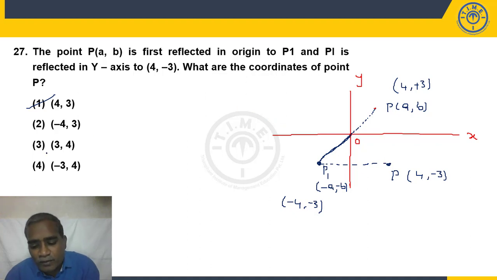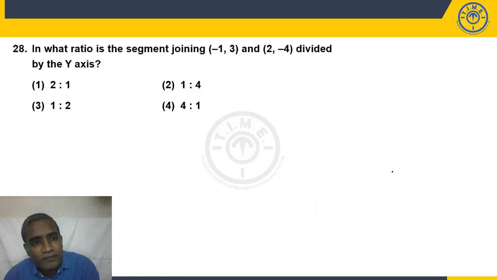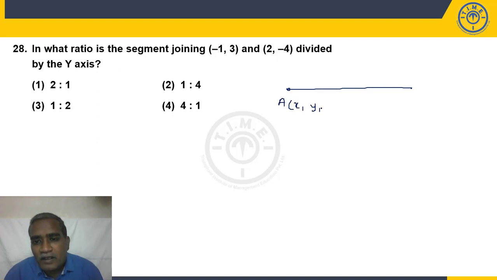Right. Move to the next problem. Sometimes they will ask this question. In what ratio does the segment joining the points divide the y-axis? Already I have given this: A is x1 comma y1, B is x2 comma y2. The x-axis divides AB in the ratio minus y1 is to y2.